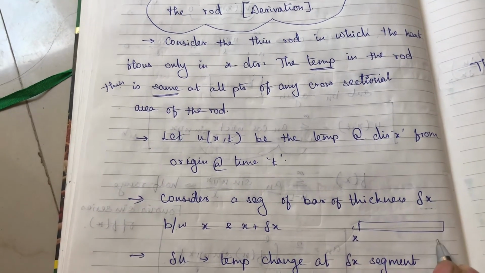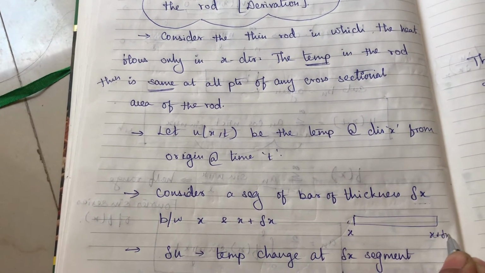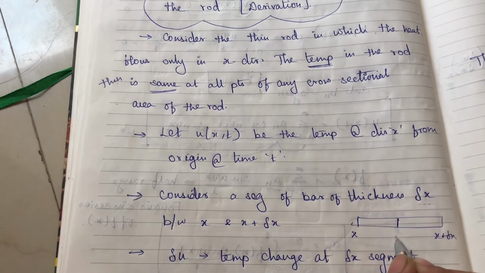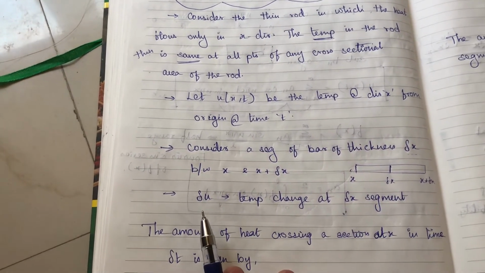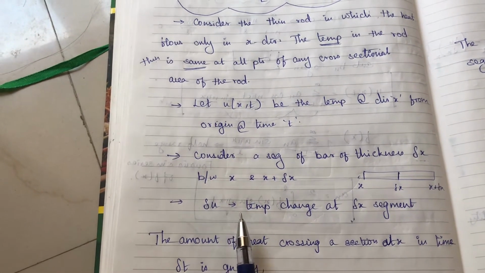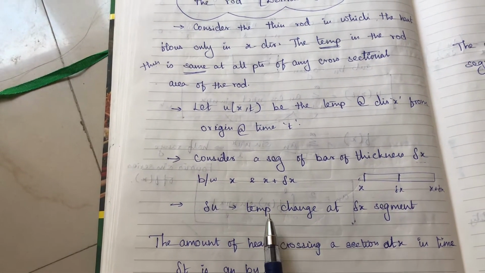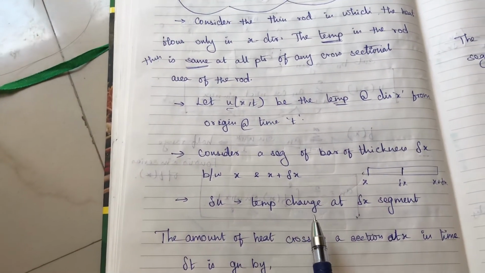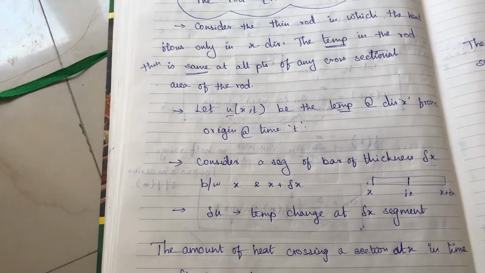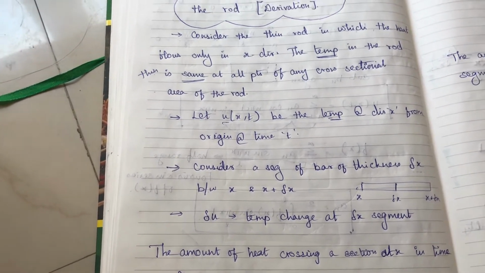So this is x and this point is x plus del x, and I am taking the thickness del x. Del u will be the change in temperature, because u is temperature, so del u means the change in temperature in the segment del x.